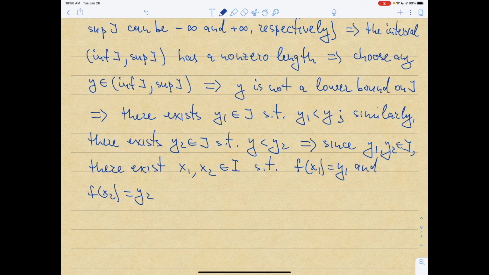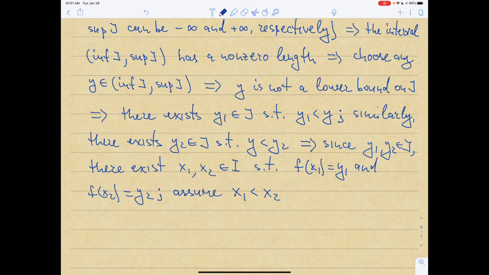Let's assume, without loss of generality, just to fix ideas, in principle, we can always relabel things if everything works in the other way. So I'm going to assume that x1 is less than x2.